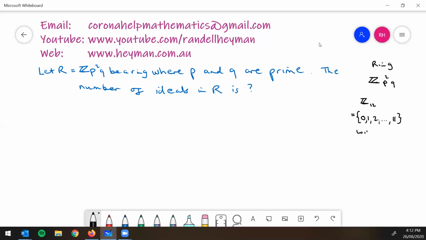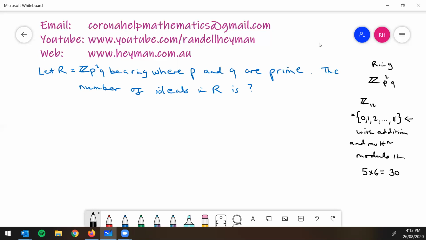And remember, with a ring, you need to specify two operations, what we normally call addition and multiplication. In this case, it is addition and multiplication, but it's modulo 12. Okay, so in this crazy modulo 12 world, these are the only elements that we have, and when we add and multiply, we do mod 12. So as I go through this, if I see something like 5 times 6, that's 30.